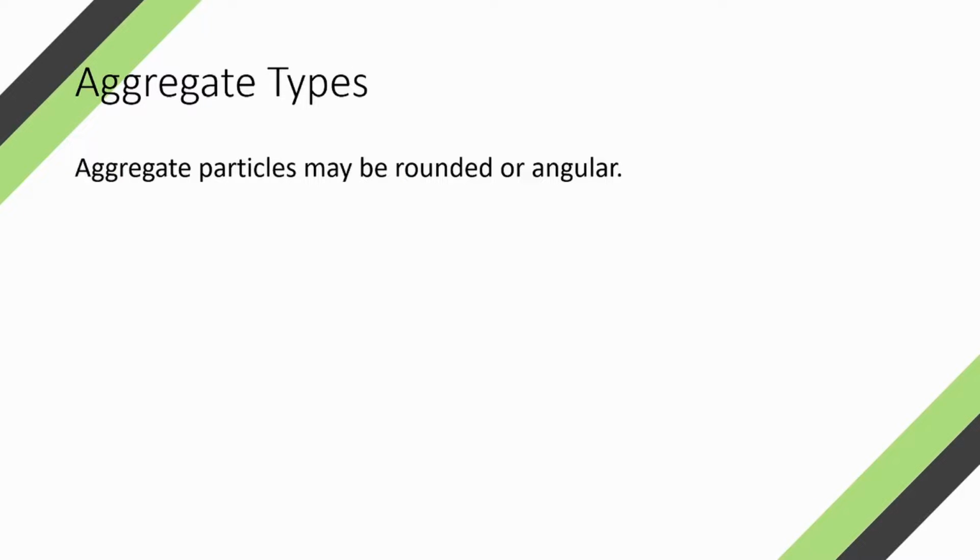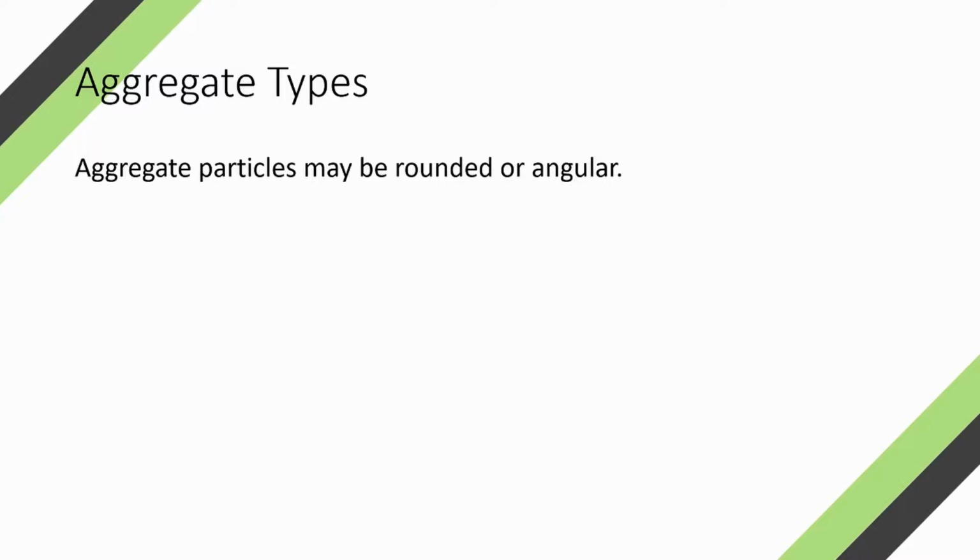So, another classification is it may be rounded or angular. Gravel and sand are naturally rounded aggregates, while crushed stones are angular. So, yung mga natural aggregates natin usually is mga rounded aggregates. Kapag trinash mo na yung mga natural aggregates natin is it will be forming angular na aggregates.